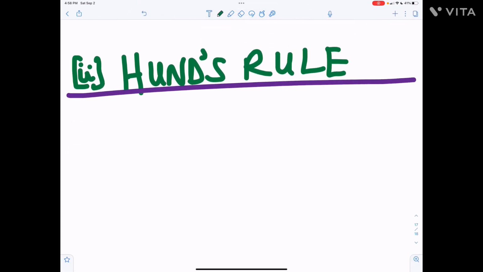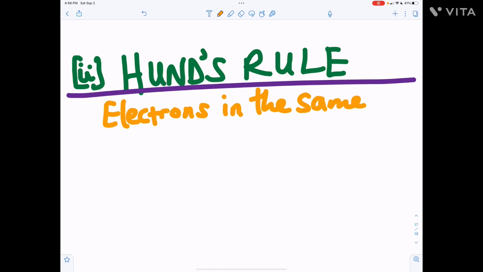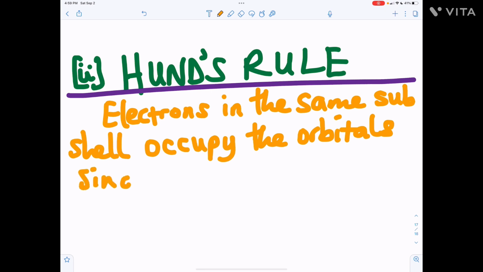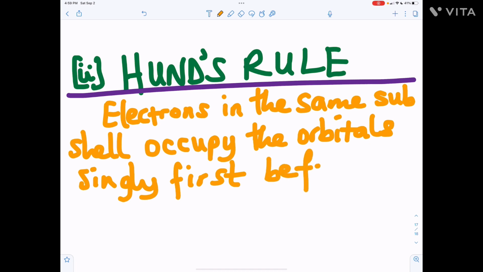So let's go. Hund's rule states that electrons in the same subshell occupy the orbitals singly first before pairing takes place.